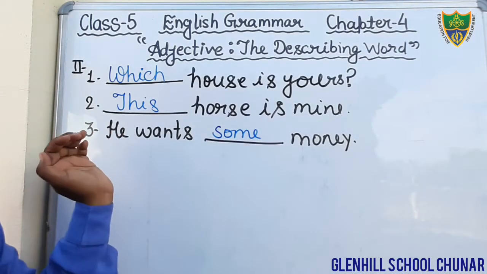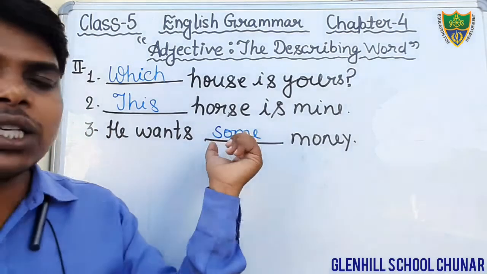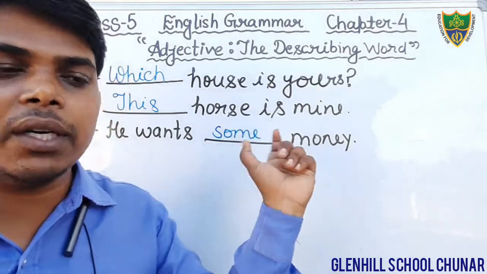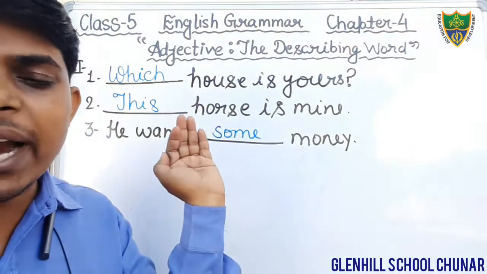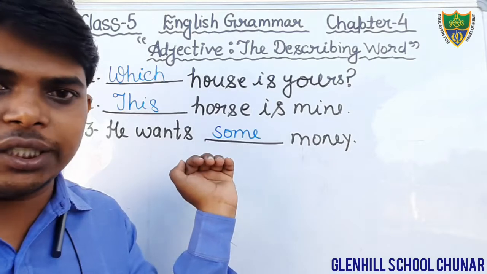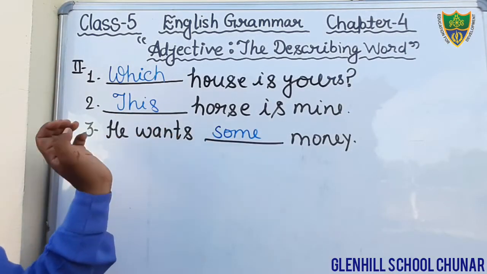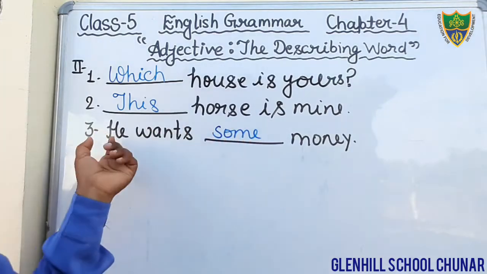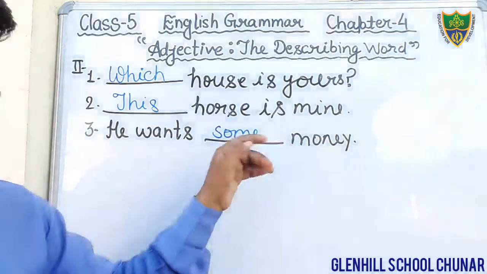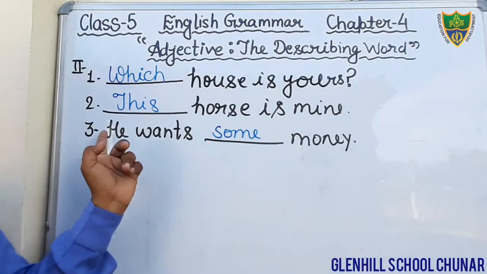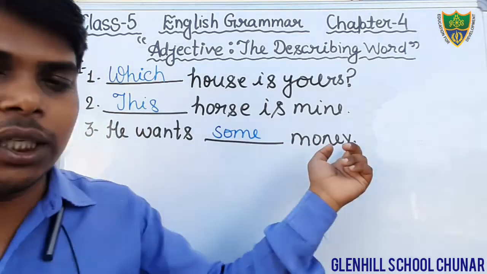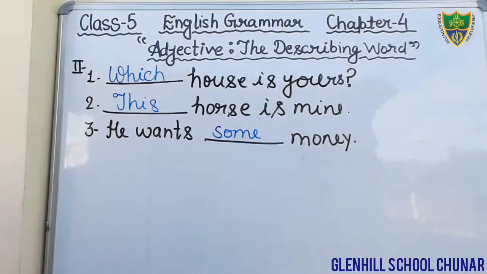In question number 3, you will fill the word some. The word some is an adjective. What kind of adjective? Adjective of quantity. So students, just fill in the second blank, in question number 3, the word some. What would be the correct sentence? He wants some money.